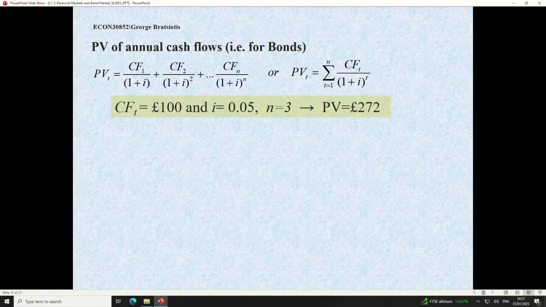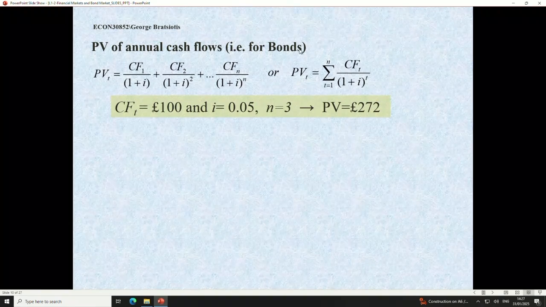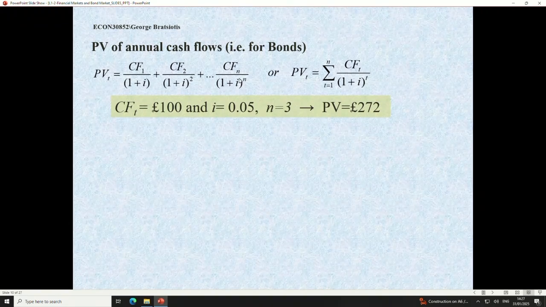Therefore, if the cash flow is 100, every year you receive £100, £100, £100. And the market rate is 5%, at which you discount this. Then if you do this, you can write it, of course, like this.